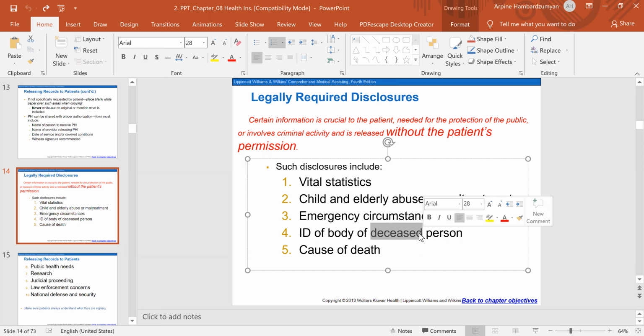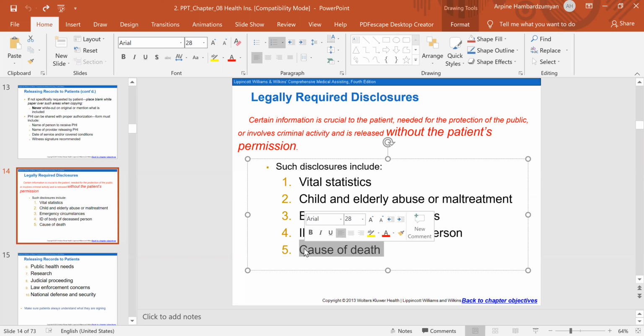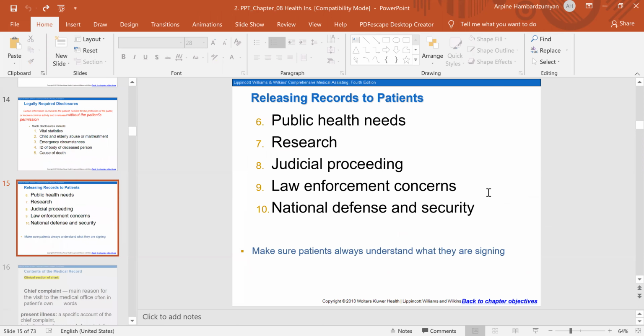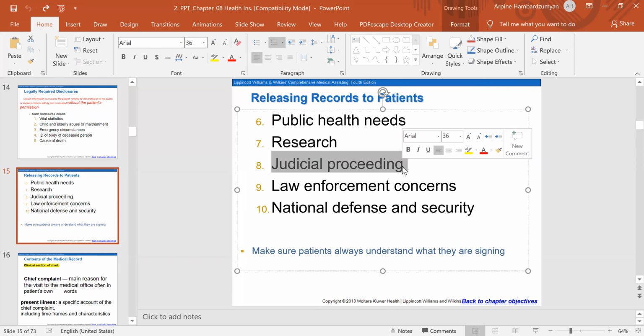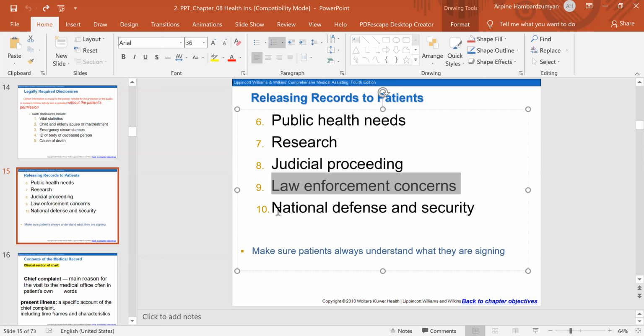If you are learning English, it is not your first language, deceased means dead. And if they need to understand the cause of death. So in these cases, and if it is public health needs, if it is research, if it is a court request, or law enforcement or national defense and security, you have to report.